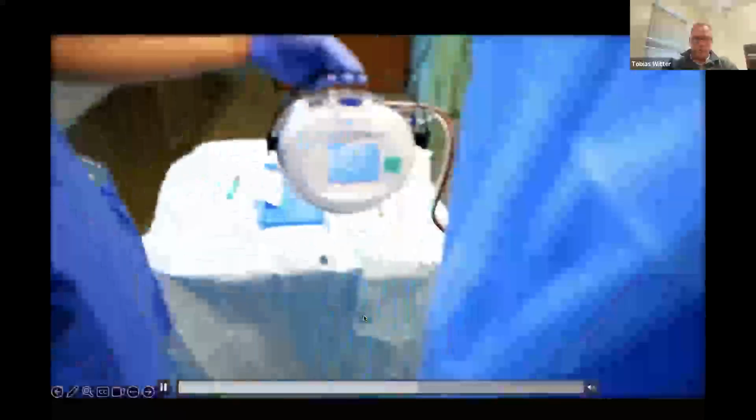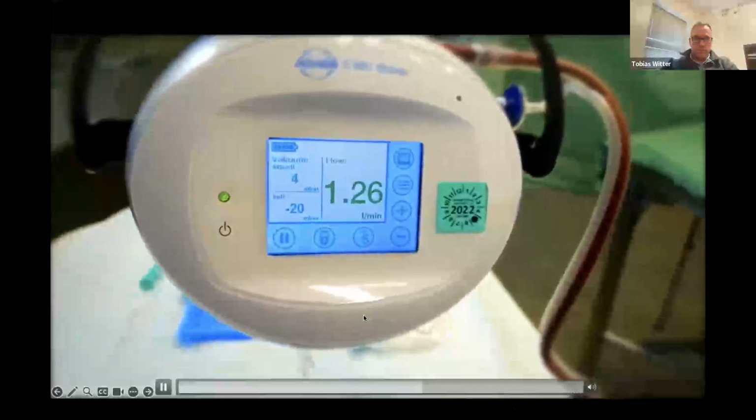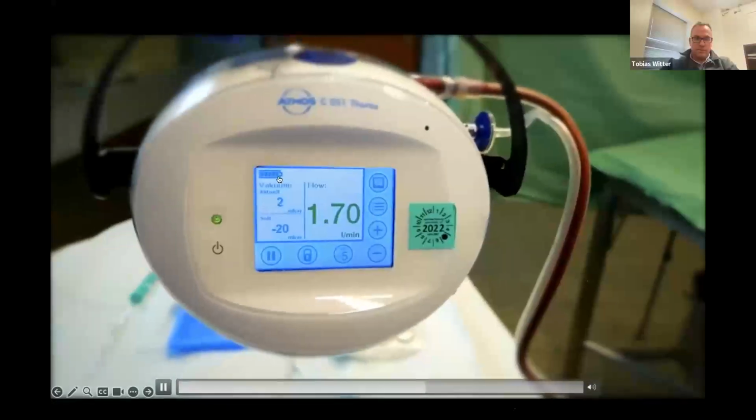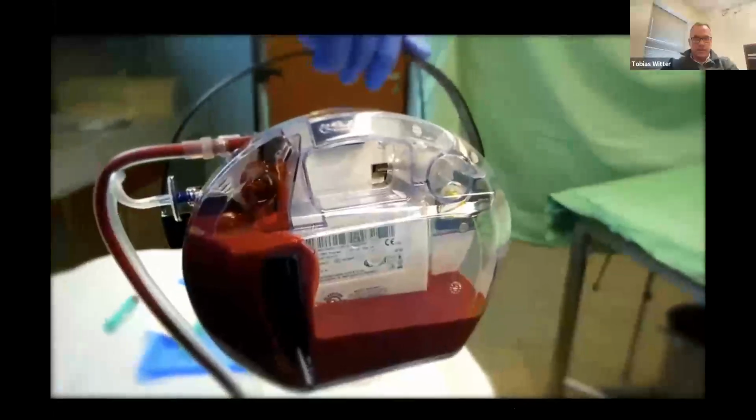I've ruined a few pair of shoes like that. And we hook them up to the Pleurovac or whatever system you have in your institution. And then you can see there's a fair bit of flow coming out already. And that would technically, based on what we discussed earlier, qualify as massive hemorrhage.